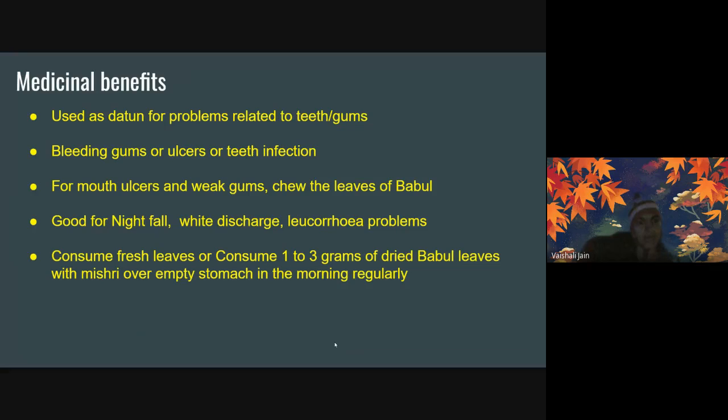Bleeding gums, ulcers or teeth infection can also be solved. For mouth ulcers and weak gums, you can chew the leaves of babul. It's good for nightfall, white discharge, leukorrhea problems. Consume the fresh leaves or consume 1 to 3 grams of dried babul leaves with mishri on an empty stomach in the morning regularly.